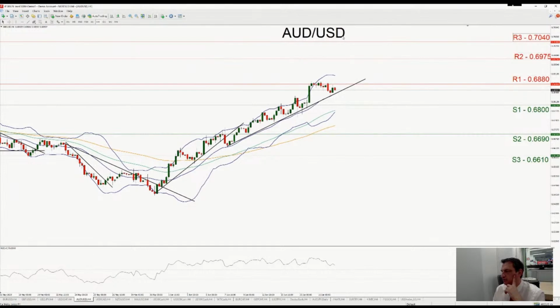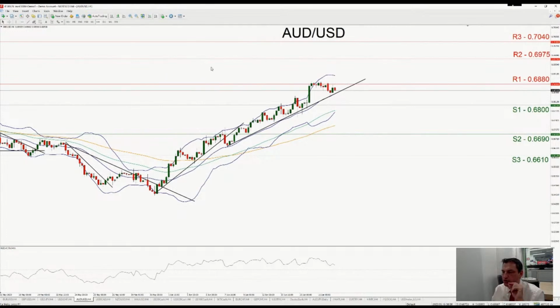While on the other hand, should there be good news from the visit of US Foreign Affairs Secretary Blinken in China, and maybe a thawing of the tensions in the US-Sino relationships, that could provide another boost to the Aussie, allowing AUD/USD to jump upwards, breaking the 0.6880 resistance line, and start aiming for the 0.6975. On the other hand, should the pair remain in sideways motion, I would expect it as a first signal to break the upward trend line guiding the pair and remain just below the 0.6880.